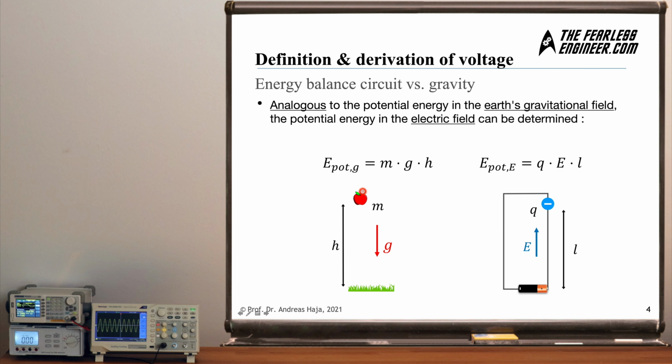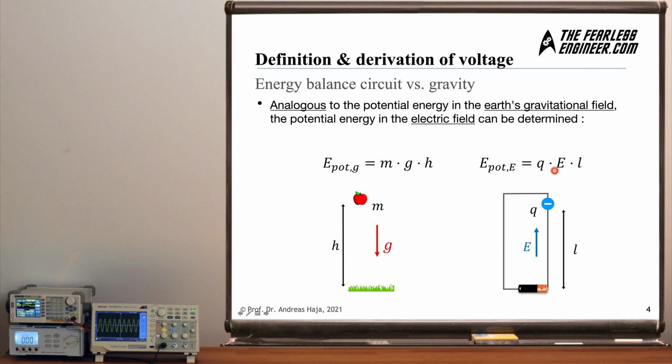And this concept of potential energy in a gravitational field can also be transferred to the example of the charges within the electrical field of a circuit, and we can simply say that the mass of the apple is represented by the charge of the charge carriers transported through the circuit. The gravitational pull of the Earth is represented by the electrical field generated by the battery, and the height of the apple is represented by the length over which we observe the motion of such an electron.